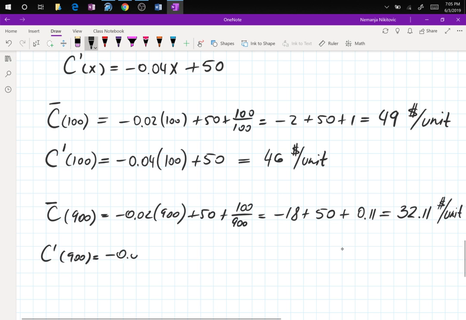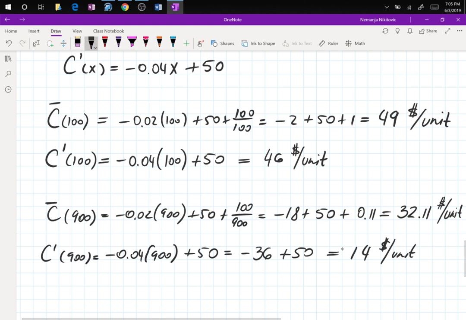And now we have negative 0.04 times 900 plus 50, that's negative 36 plus 50, which is 14. Please pay attention.